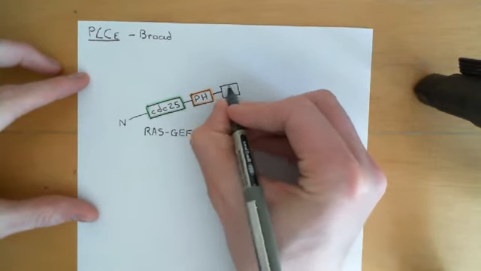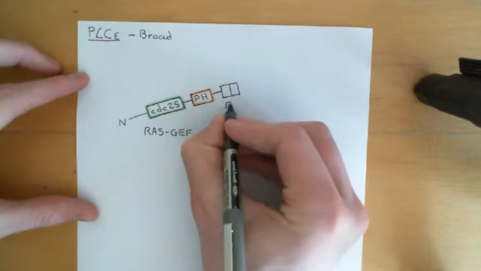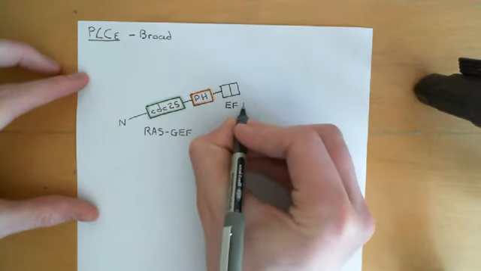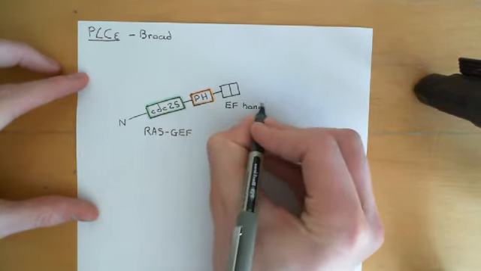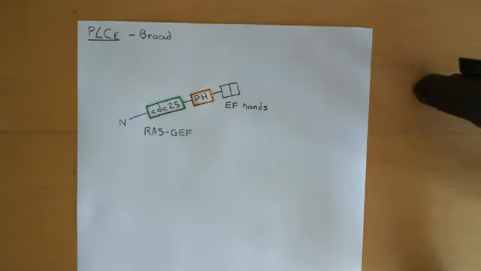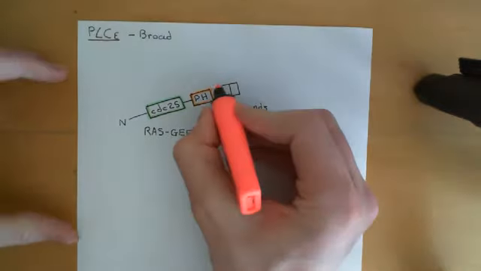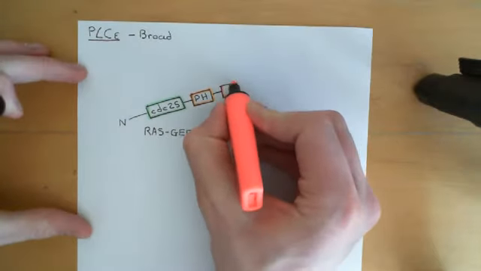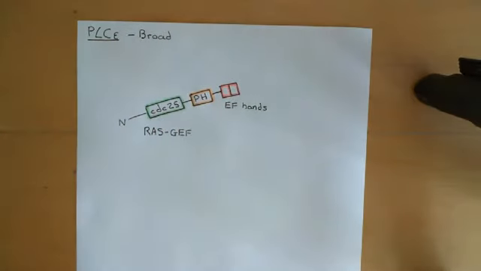You have a single EF hand dimer, rather than the 2 EF hand dimers. So you only have 2 EF hand domains, rather than the 4 EF hand domains that we've been used to in the other phospholipase C enzymes. That's one of the big changes for phospholipase C epsilon.